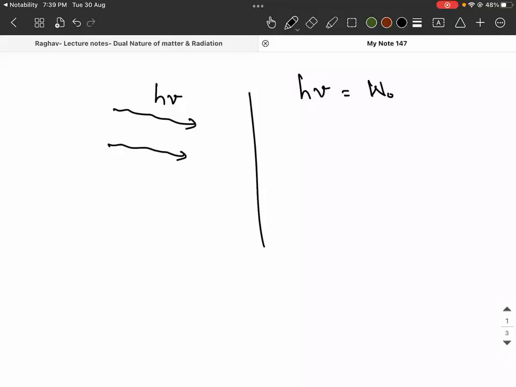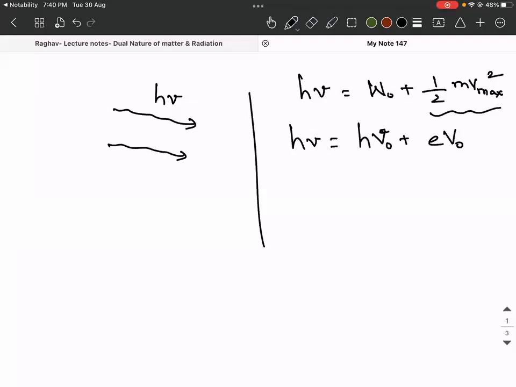Once it overcomes the work function, it needs to give maximum kinetic energy to the electron, half m v max square, so that it escapes the nuclear pull. Is that right? So can I write h nu is equal to h into nu naught plus, in the place of half m v max square, can I write it as e V naught?